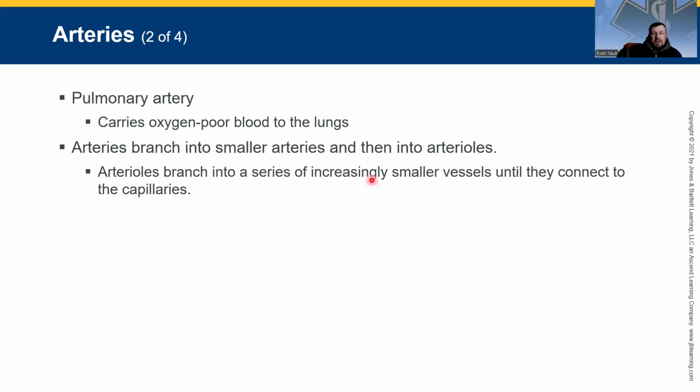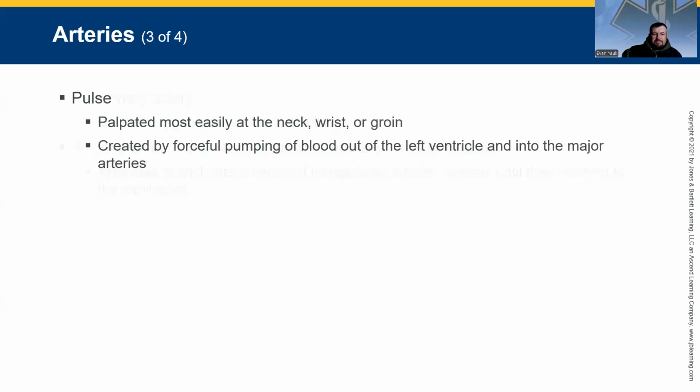Our arteries branch into smaller arteries, then into arterioles. Arterioles branch into a series of increasingly small vessels until they connect to the capillaries. I'm not going to spend a whole lot of time. A pulse is when the heart pumps, it pushes pressure on the arteries, and you can feel the pressure within the artery, and that is a pulse.